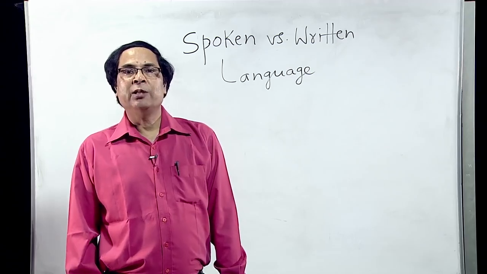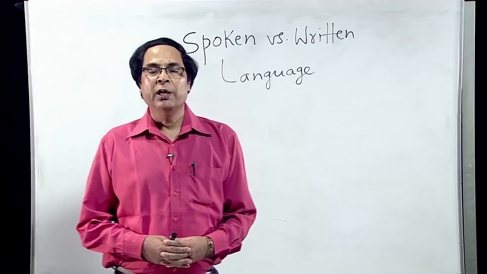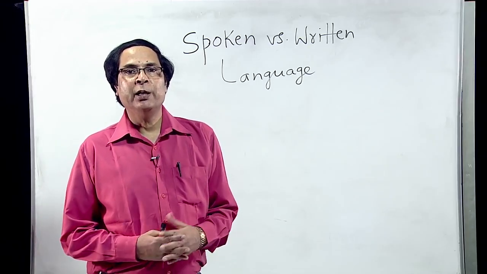Speech is oral, thus making it possible to use intonation to emphasize words or phrases and express emotion. If you are familiar with some of the Tibeto-Burman languages spoken in Manipur, Nagaland, Mizoram and other northeastern states, you must have heard people using tone. Tone exists at the level of word. They differentiate meaning in word.